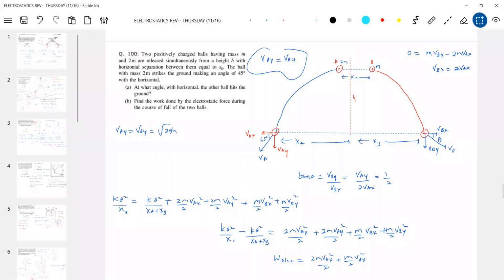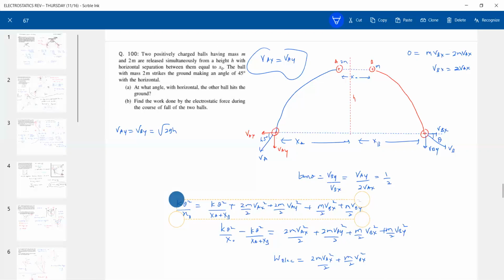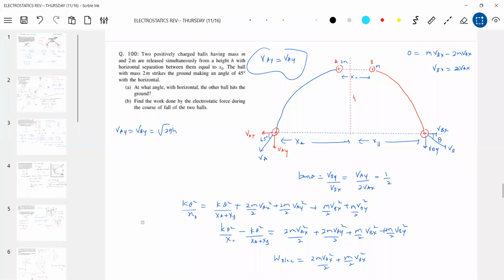The equation is this much, no? Initial gravitational potential should come here. Then only. So initial will be how much? 2mgh plus mgh. Okay, I forgot this. Okay, this will come into picture.